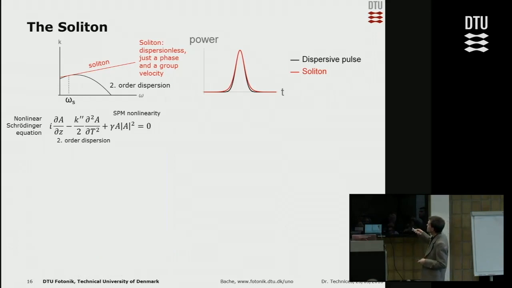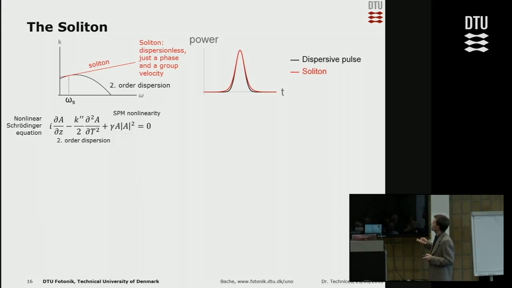Then you get this very nice red curve here, which is a sech, hyperbolic secant shape. And it looks a lot like the black one, which is the solution without the nonlinear term. But the important thing about the soliton is that if you plot the dispersion in an omega-k space, then the soliton is basically a straight line. It has no dispersion.